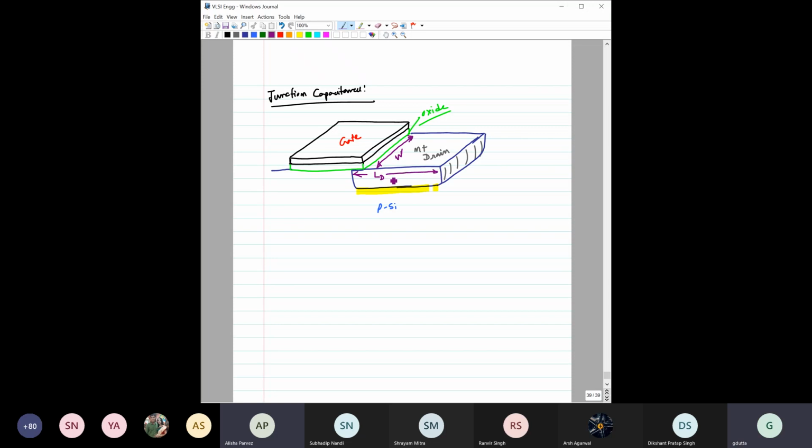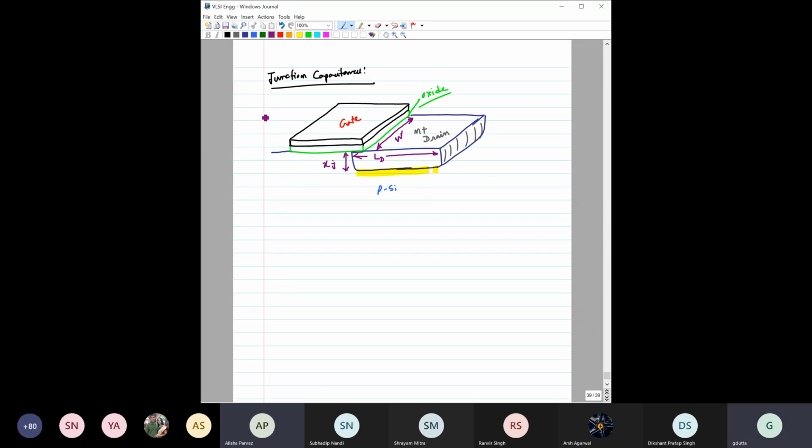This is the diffusion length, meaning the total physical drain length, right? And this is the depth of the junction, PN junction. Let us say that depth is xj. Then can you tell me quickly what would be the capacitance? If you have understood, I think you should be able to tell me what the capacitance is.